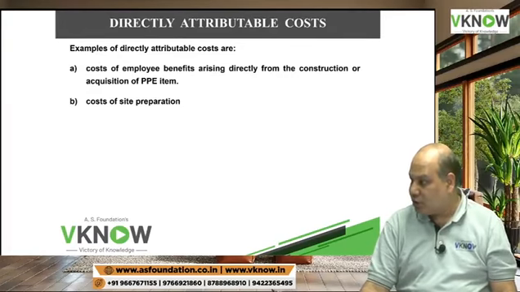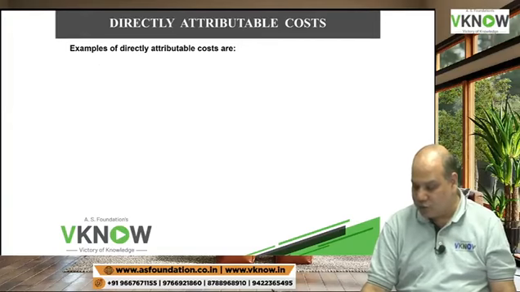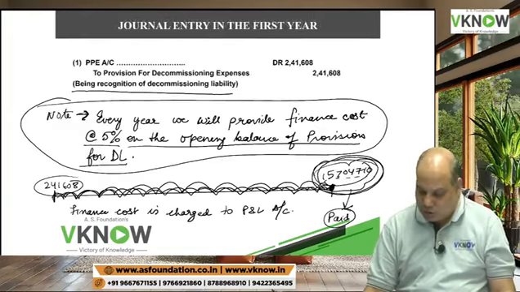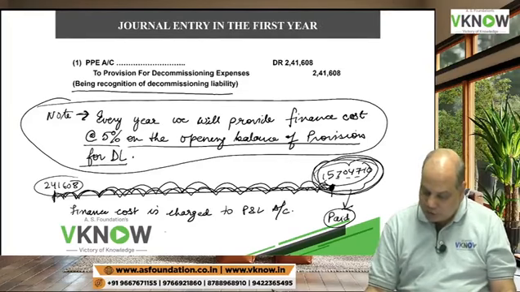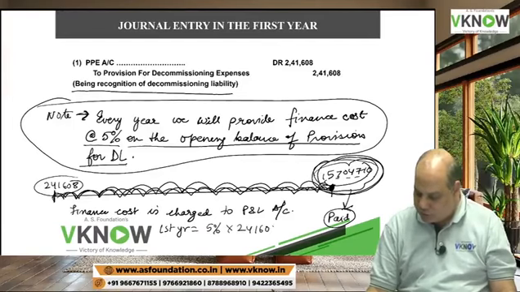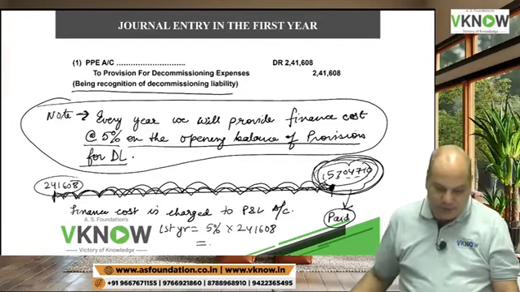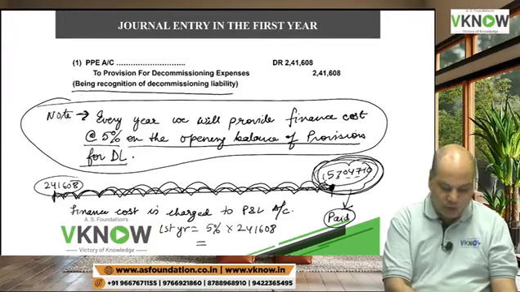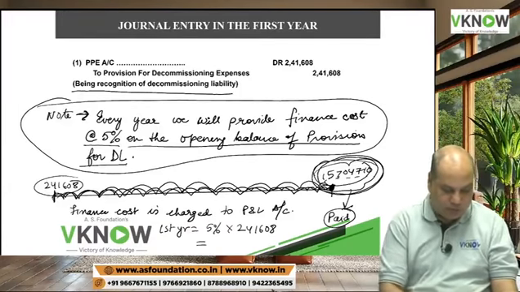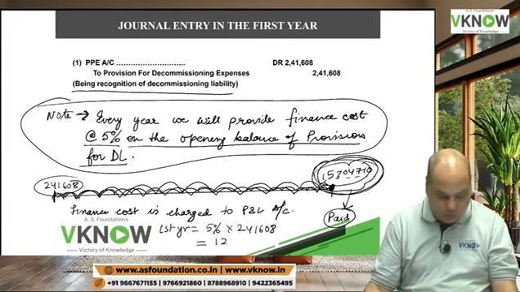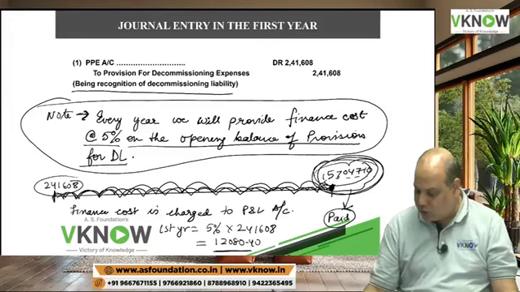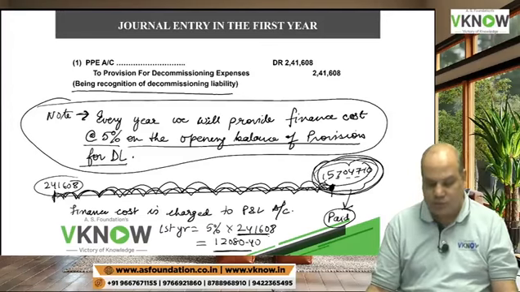And then the student is asking how to calculate that finance cost. Oh, wonderful. In the first year, finance cost will be 5% of 241,608. That is, I think, 12080.40. This you will add to this number.